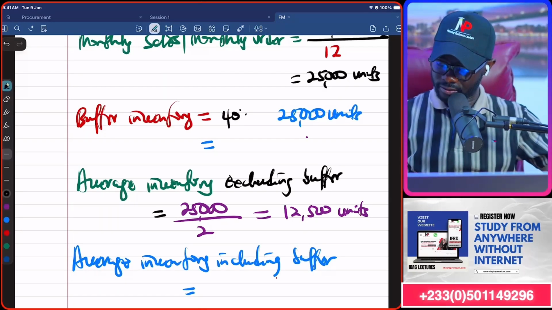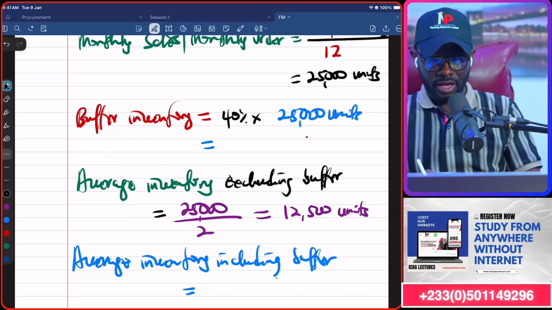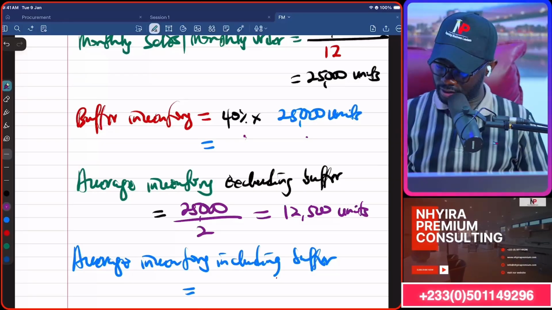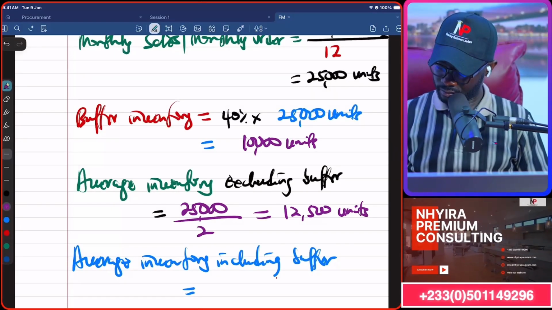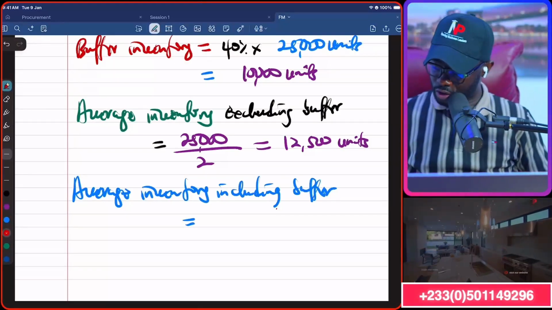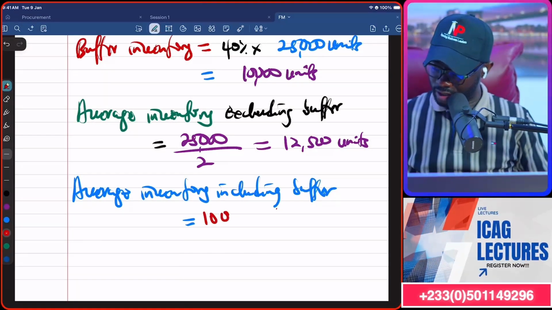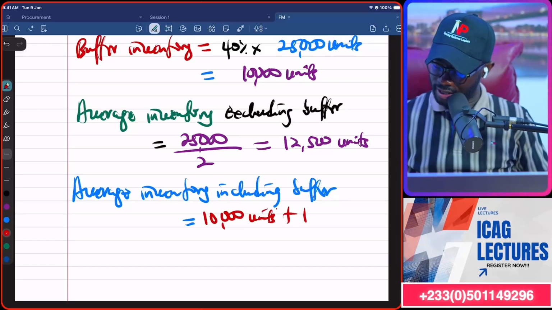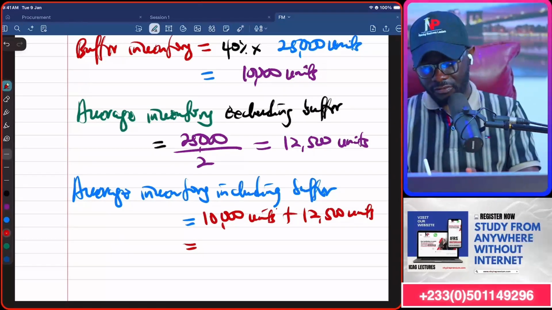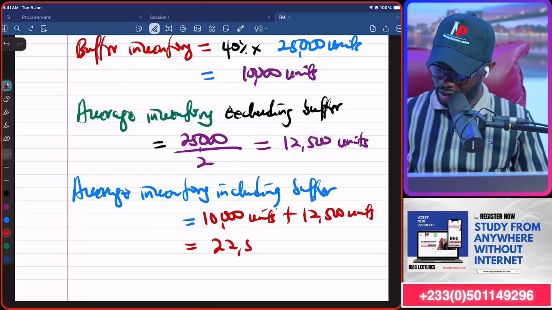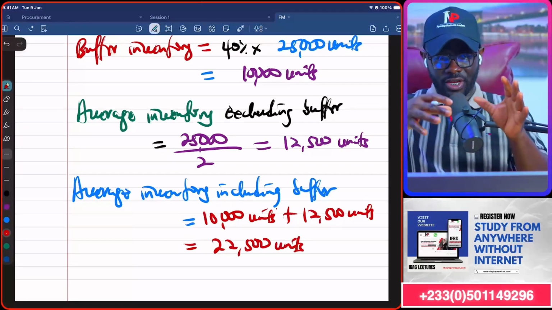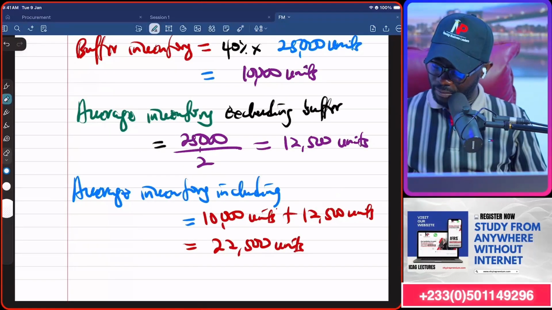So 40% on the 25,000, and that is 10,000 units, rather. So the average inventory, including the buffer, is going to be 10,000 units plus the 12,500 units. So our average inventory for the year is now going to be 22,500 units. This is the average inventory, including the buffer that we will be keeping.